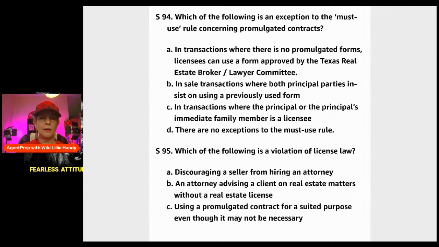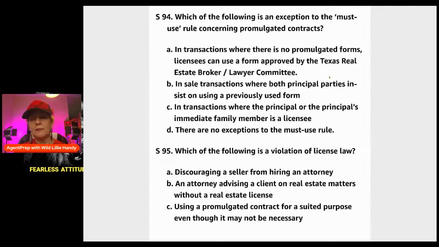So far, we've got A and B. And it is not B. The answer is A. In transactions where there is no promulgated forms, licensees can use a form approved by the Texas Real Estate Broker Lawyer Committee, right?